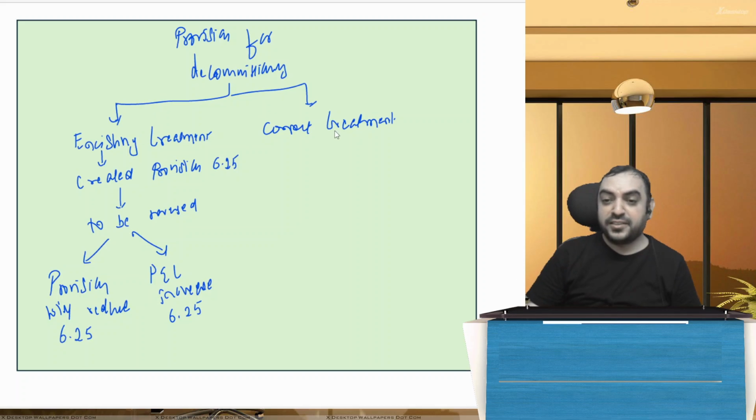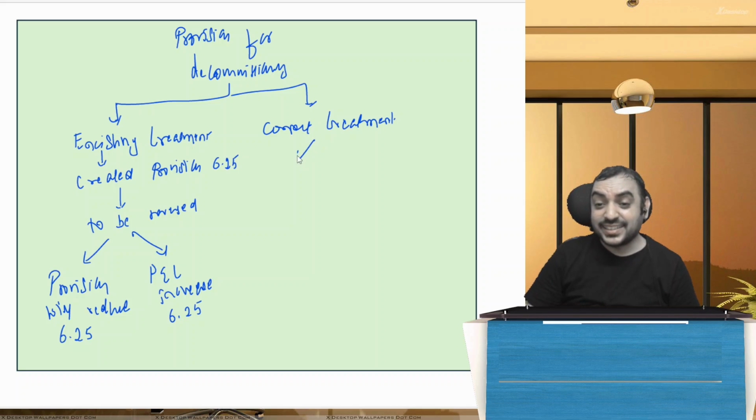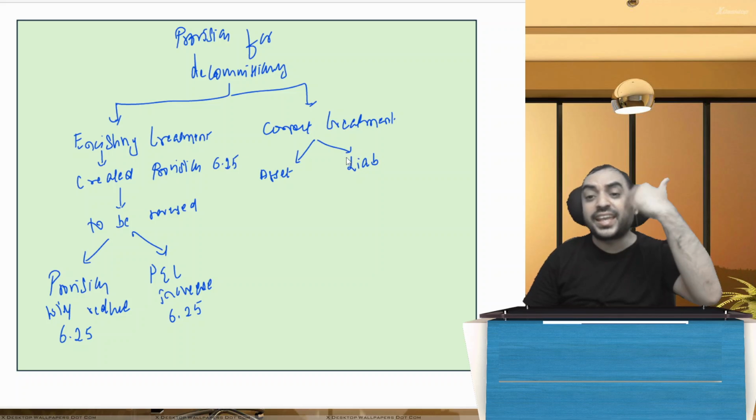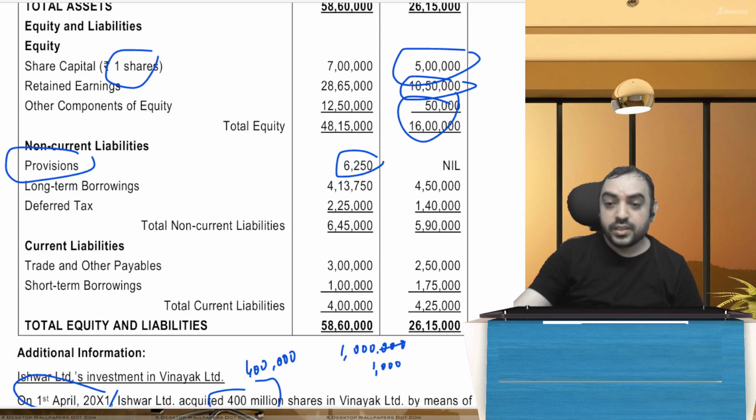And the correct treatment is, as on the opening balance sheet, you should recognize an asset as well as a liability. Basically, the value will be capitalized to the extent of present value.